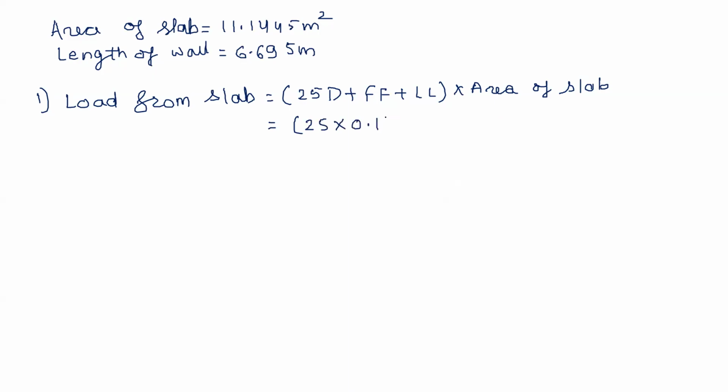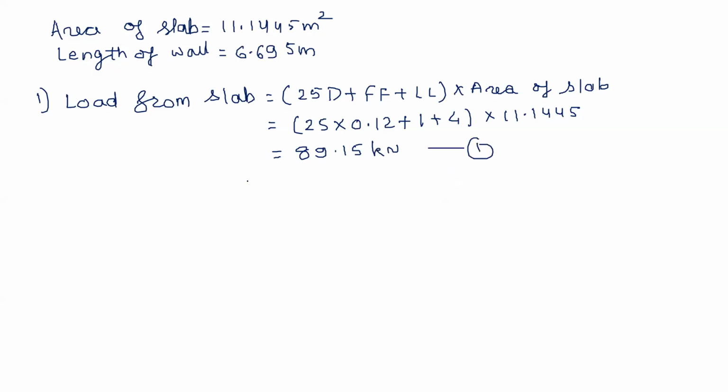So 25 into 0.12 plus floor finish is 1 and live load is 4, into 11.1445, and then we get the value of the load from slab to column as 89.15 kilonewtons. So this is number 1.